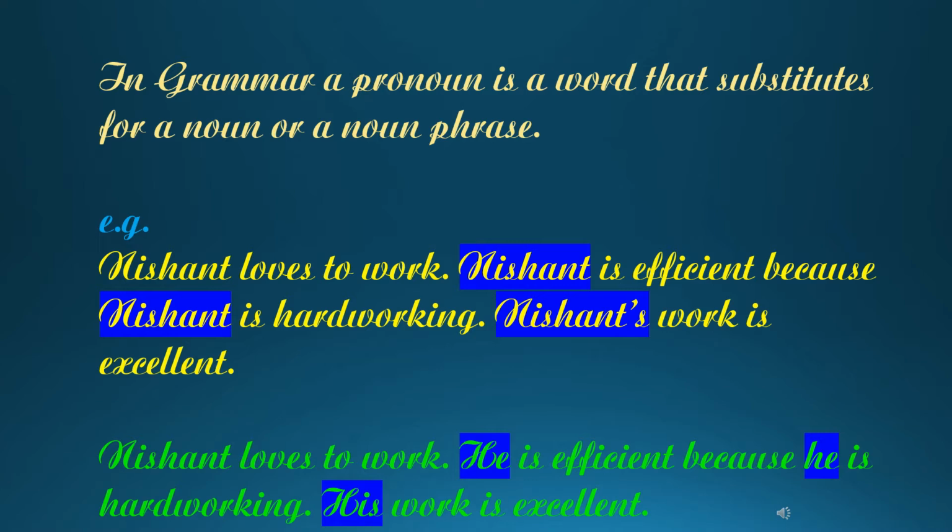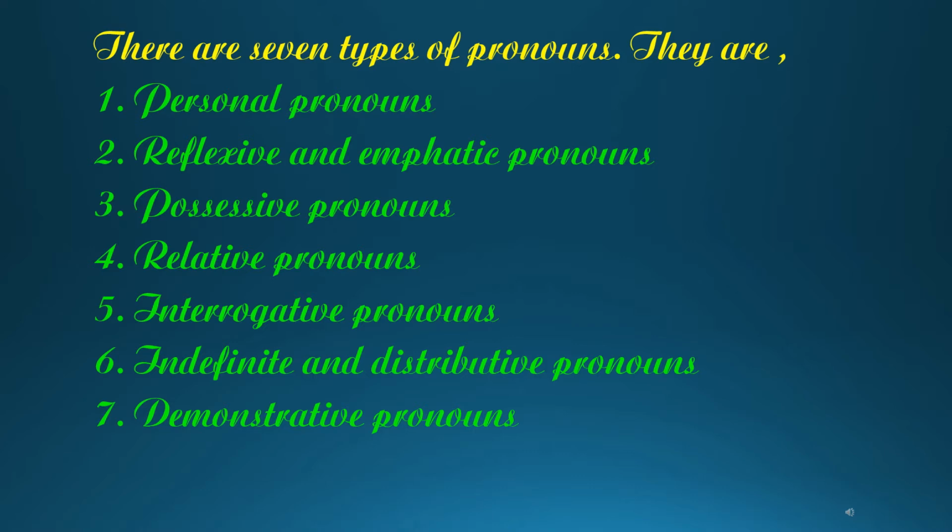When we speak, we do not want to keep repeating a noun. We use a pronoun instead of a noun. You can see the use of pronoun in the second version. Nishant loves to work. He is efficient because he is hardworking. His work is excellent.